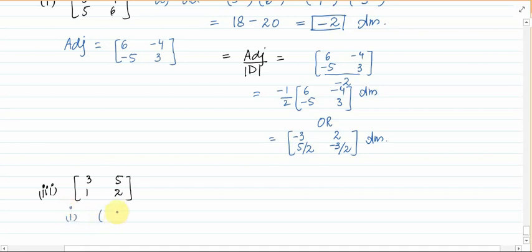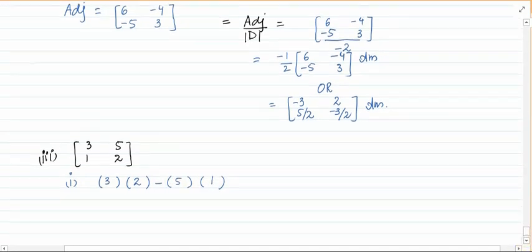Determinant is ad minus bc. A is 3, D is 2, B is 5 and C is 1. So it will be 6 minus 5, which implies 1. Let's suppose this matrix is B, right? So we got the determinant of B is 1.